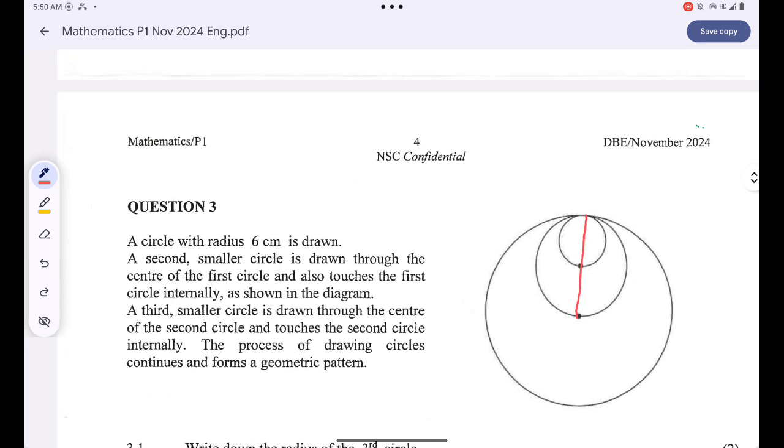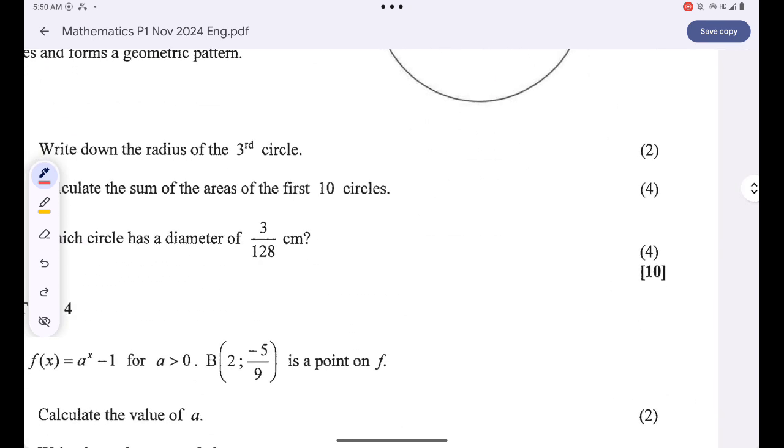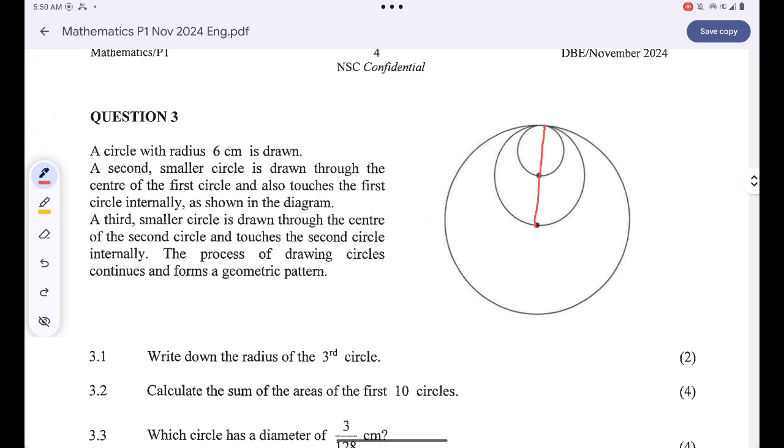Now, I want you to know the relationship between a radius and a diameter. Their relationship is that the diameter is just 2 times the radius, and hence the radius is just half of the diameter.